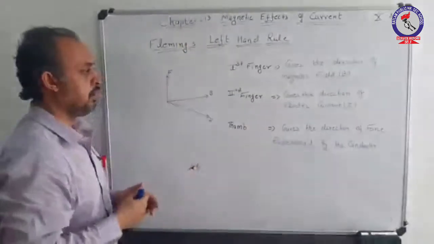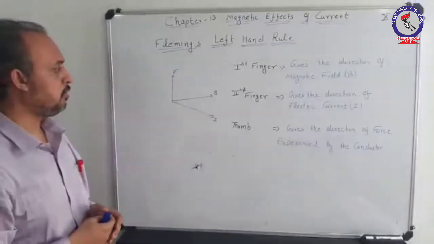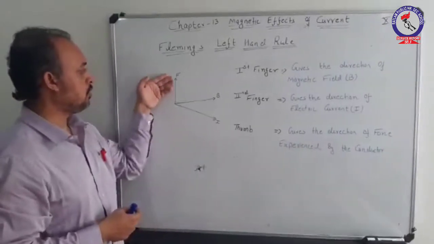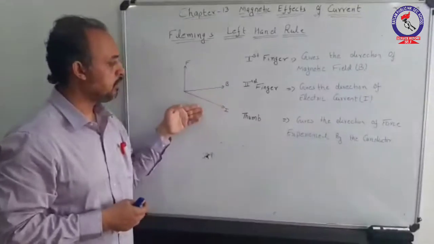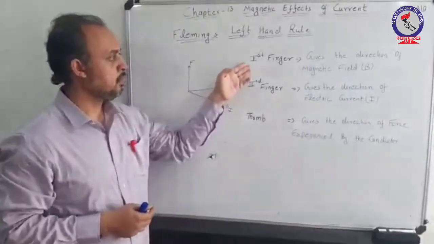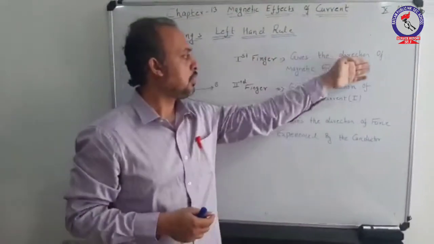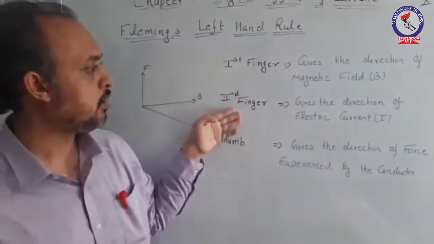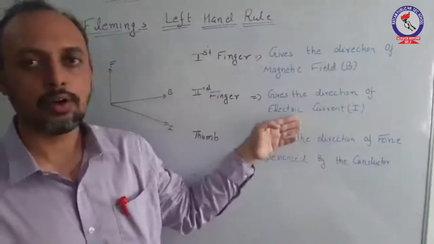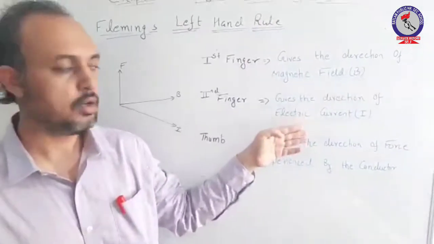Now let us try to observe this with the help of a diagram. As the thumb is representing the direction of force, the first finger and central finger give the conditions. The first finger gives the direction of magnetic field, this is the initial condition. The second finger gives the direction of electric current, the second primary condition.